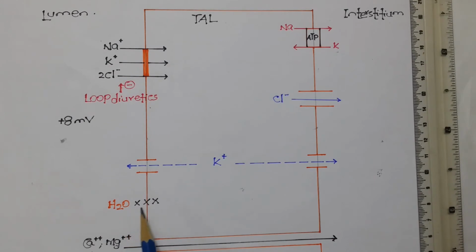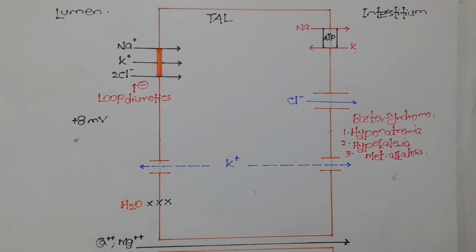As a result, by the time the tubular filtrate leaves the thick ascending limb of the loop of Henle, its osmolarity is significantly lower. And by the time the tubular filtrate enters the next part of the nephron, that is the distal convoluted tubule, its osmolarity is as low as 100 milliosmoles per liter. So this is how the thick ascending limb dilutes the tubular contents.